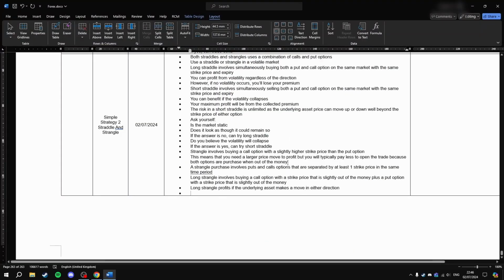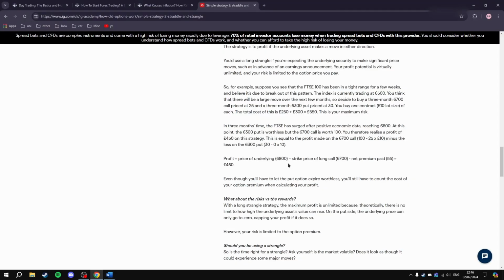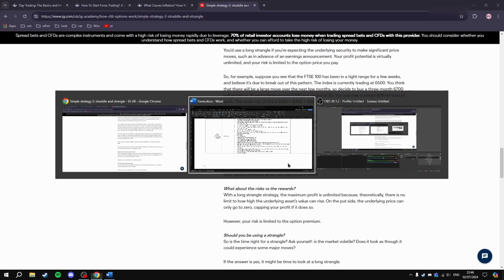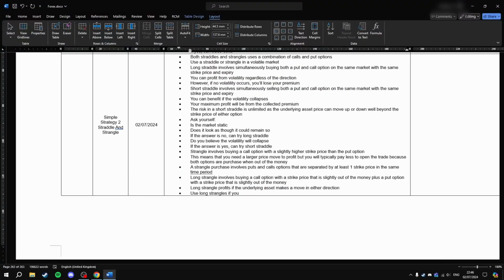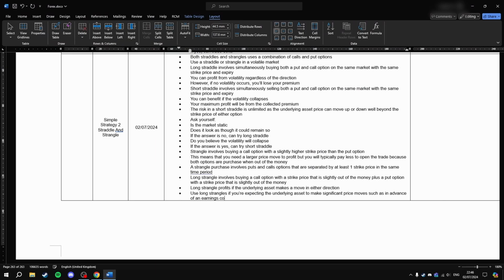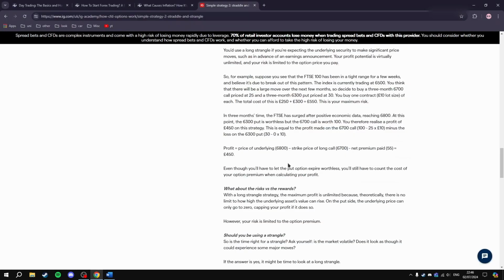So use long strangles if you're expecting the underlying asset to make significant price moves, such as in advance of an earnings announcement.